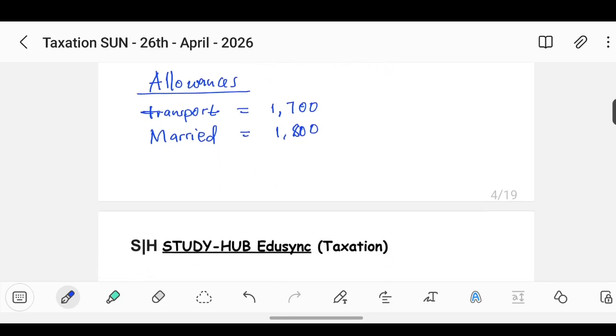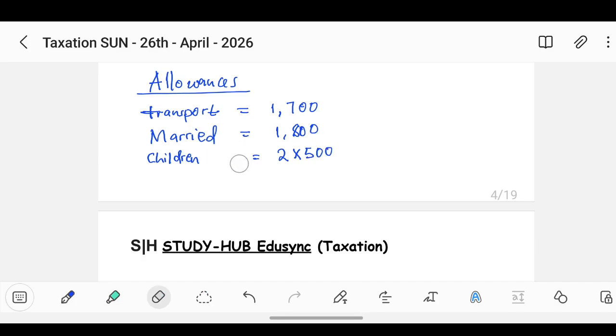That's for being married. Then for the children that are below 11, it's going to be 2 times 500 there.